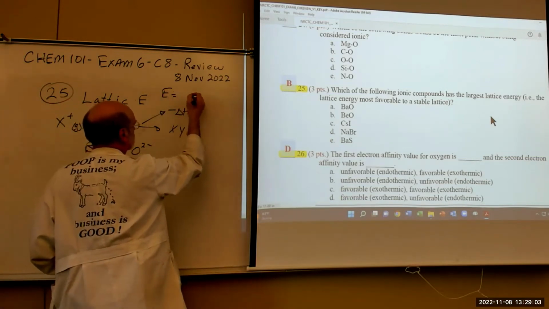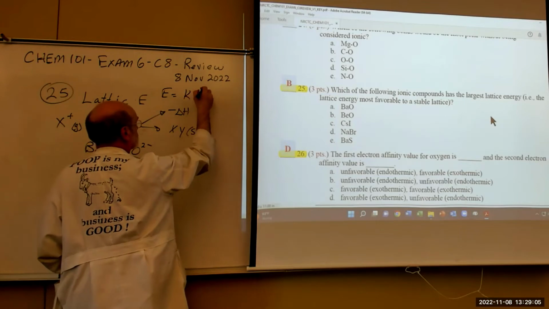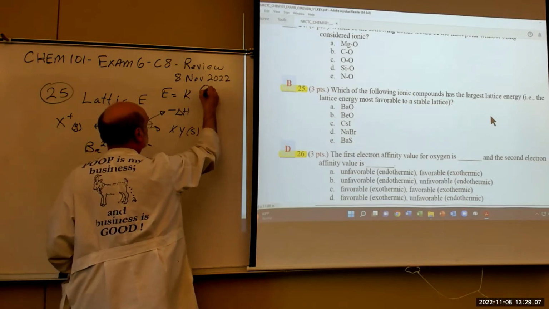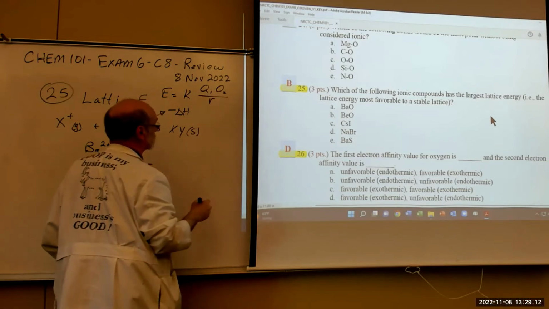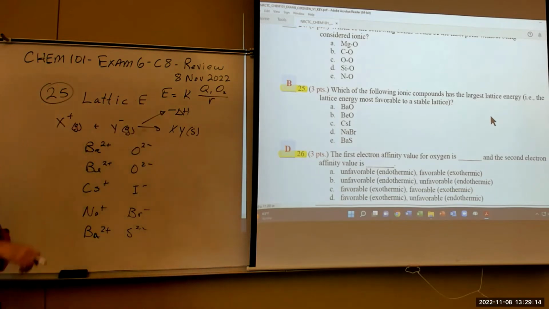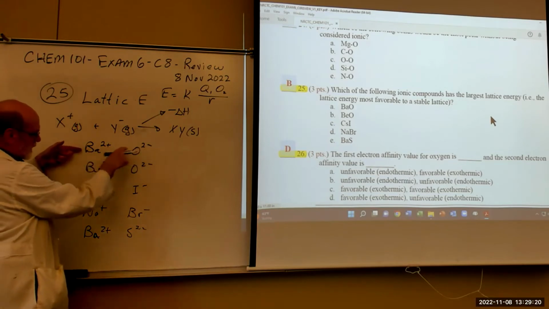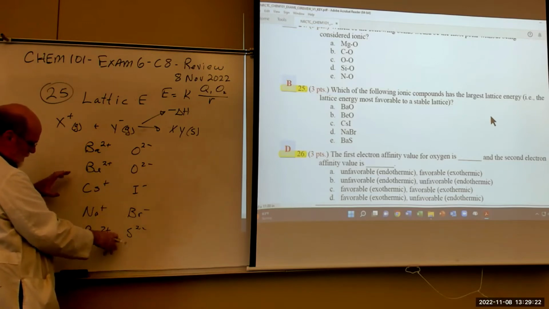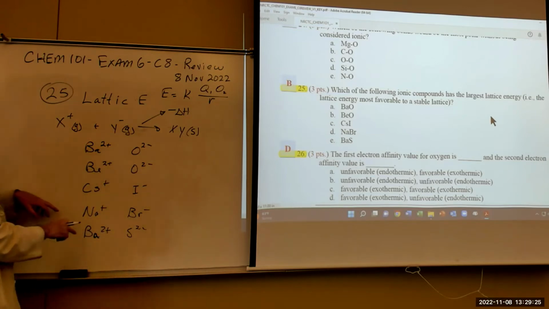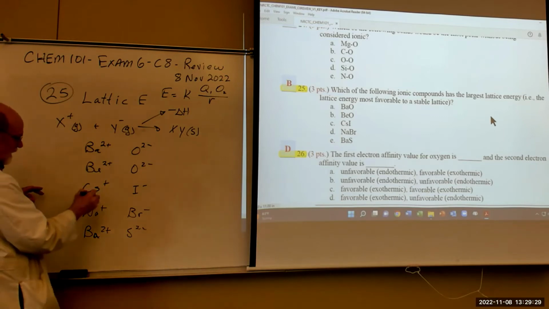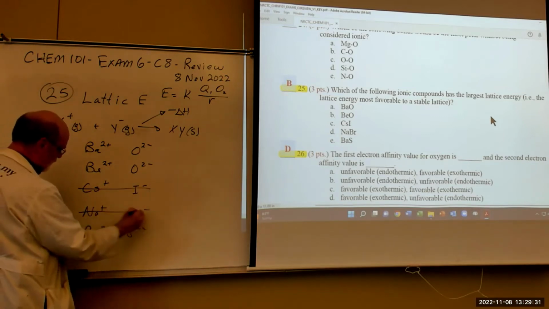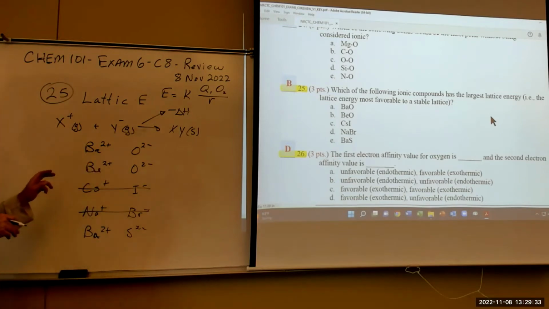E equals Coulomb's constant times the charge on one of them and the charge on the second one, divided by R, the distance between them. So the greater the charge, the higher the energy. We would see 2+, 2- together would be the best candidates to start with. So we're going to eliminate this one and this one because they're only single charges.